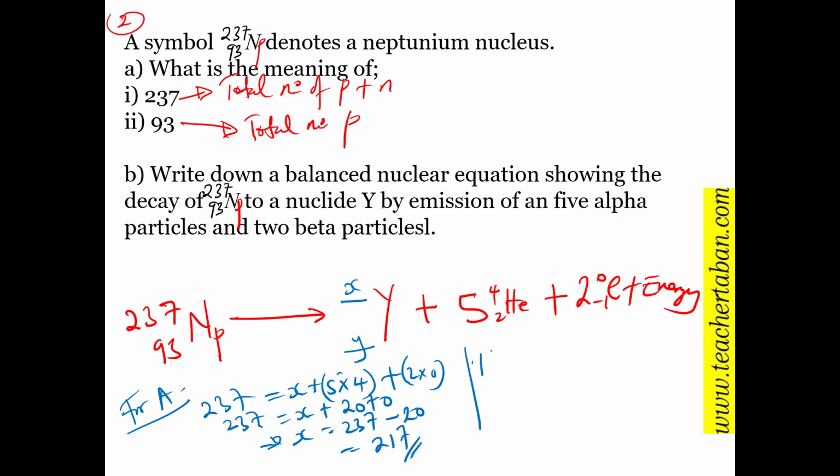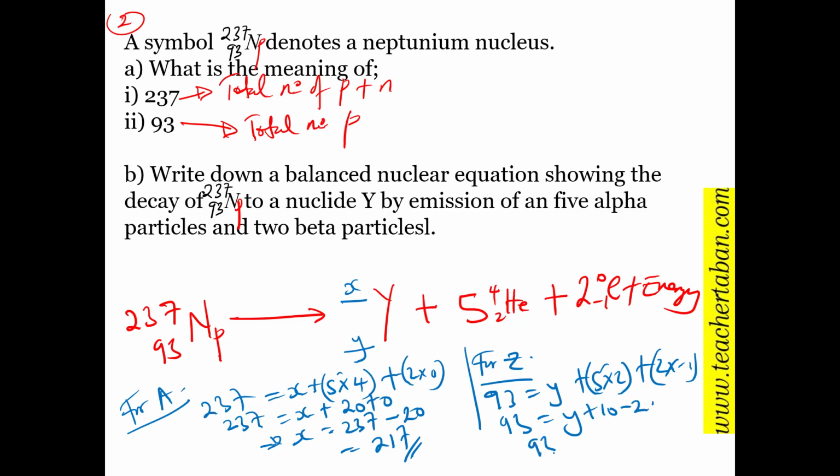And then for the atomic number, I'll simply say that 93 is equal to Y plus 5 times 2 plus 2 times -1. This is the same as 93 equals Y plus 10 minus 2. 93 is equal to Y plus 8, implying therefore that my Y will be equal to 93 minus 8, which gives me 85.